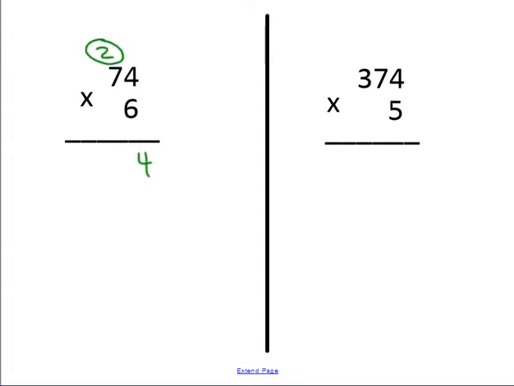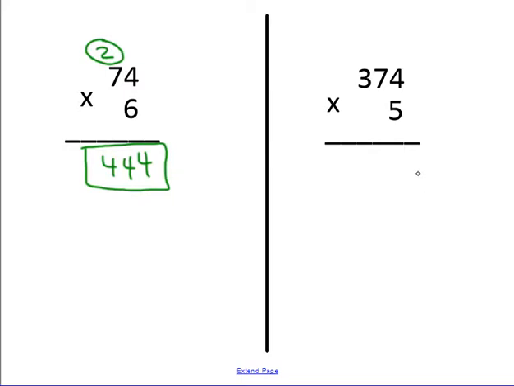And I'm going to put the 4 down here. 6 times 7 is 42, but I have this 2 that I carried, so I have to add that on. So 42 plus 2 is 44. And that's my final answer because I have nothing else down here with the 6 to multiply. So 444 is my final answer.